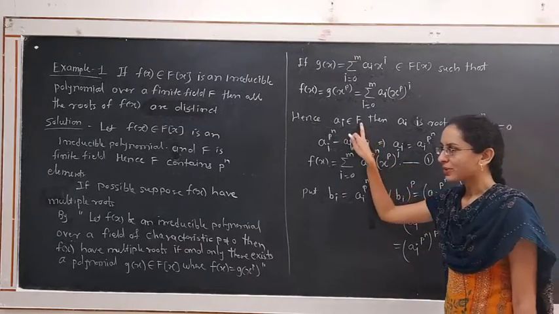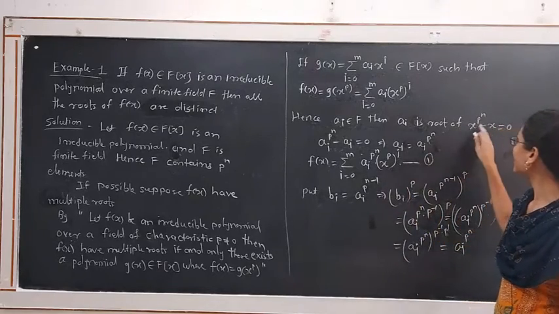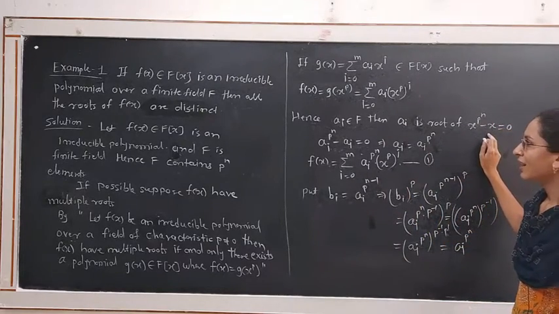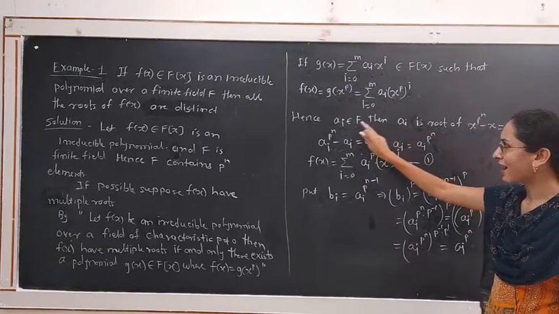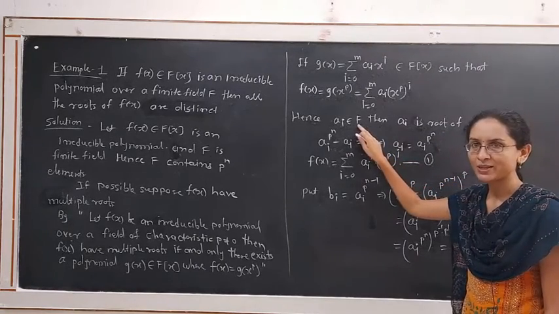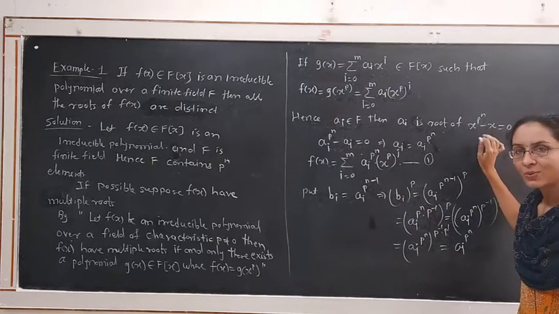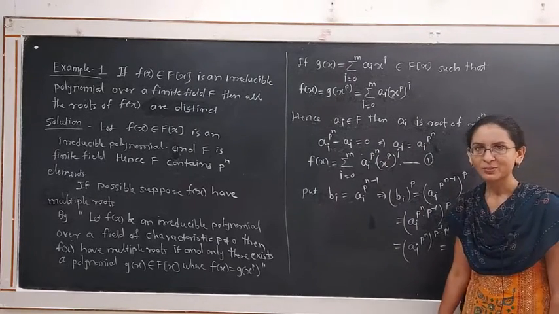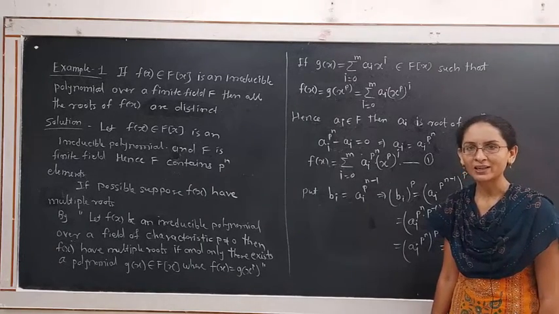But F contains p^n elements, hence F is the splitting field of the polynomial x^(p^n) minus x. Hence every element of the field F satisfies this equation. Because F contains p^n elements, also this polynomial is of degree p^n, and this polynomial has no multiple roots because its derivative is not equal to 0 over any finite field of characteristic p.